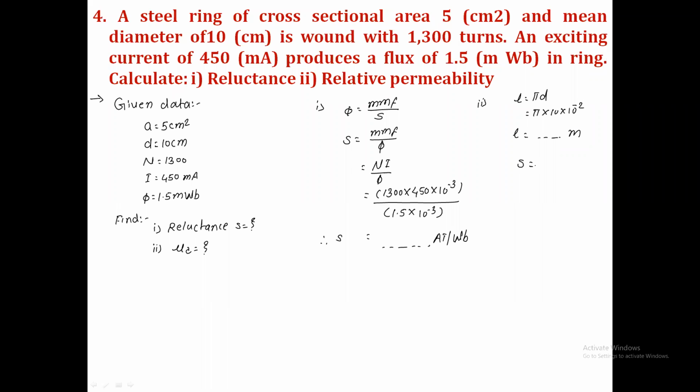And you use the formula S is equal to L divided by mu 0 mu r A. So you can write mu r is equal to L divided by mu 0 A into S. This is in brackets, this is in brackets, and I want the final answer for this mu r.